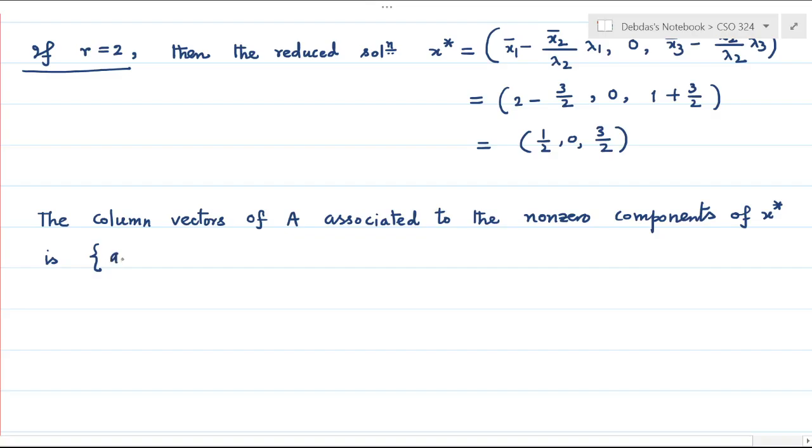So it will be A1, A3, and check whether it is linearly independent or not.